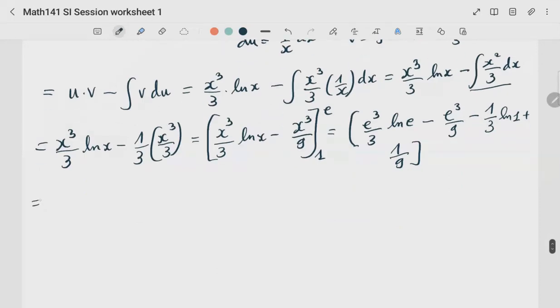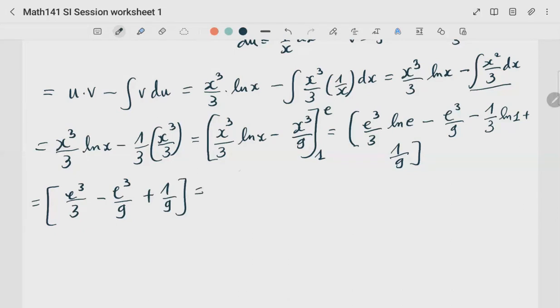And that will be equal to, we know that ln of e is just 1, so that will be e cubed over 3 minus e cubed over 9, minus 1 over 3 times ln of 1, which is 0, so that would be 0, minus 0, plus 1 over 9.